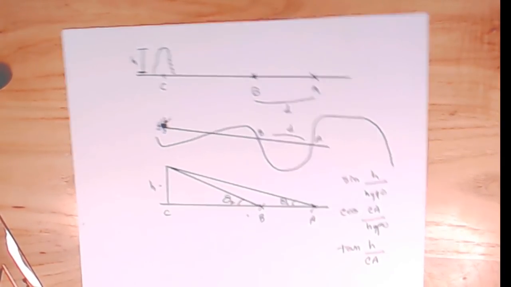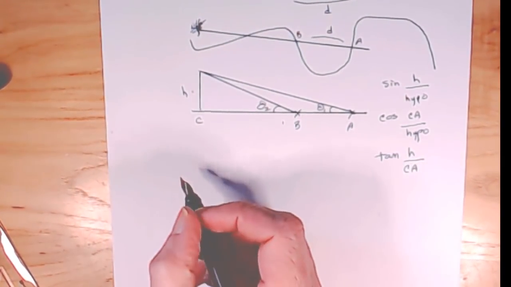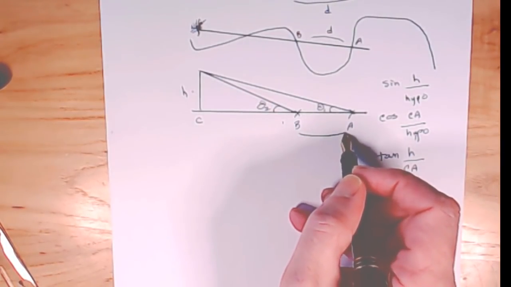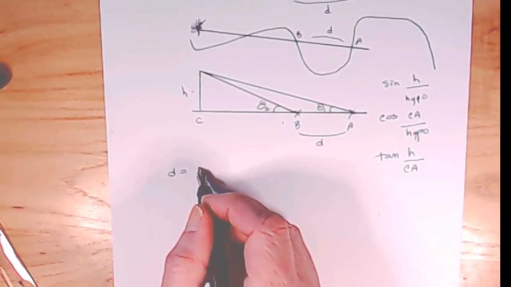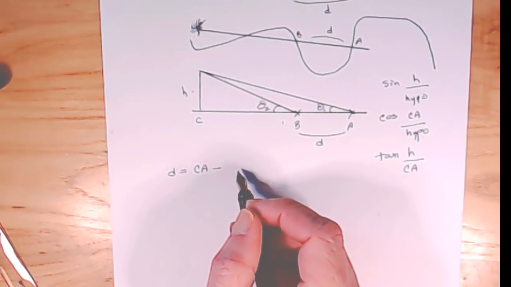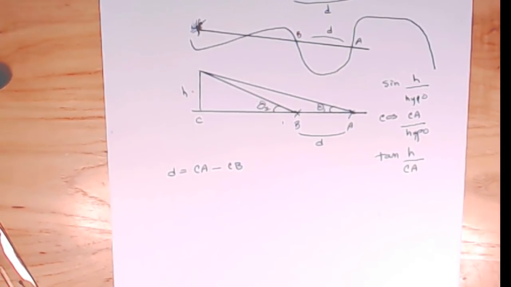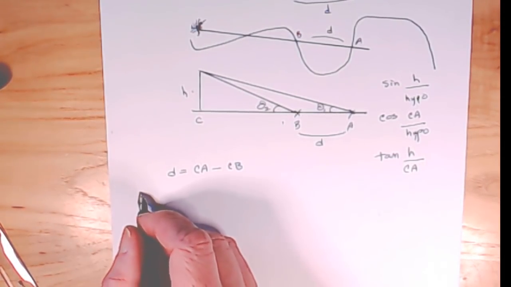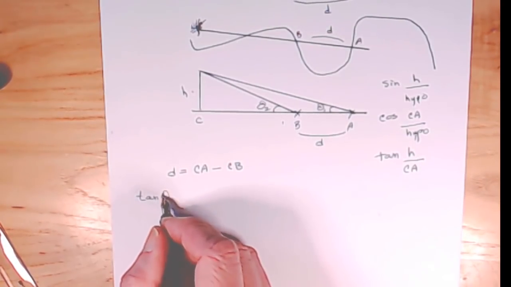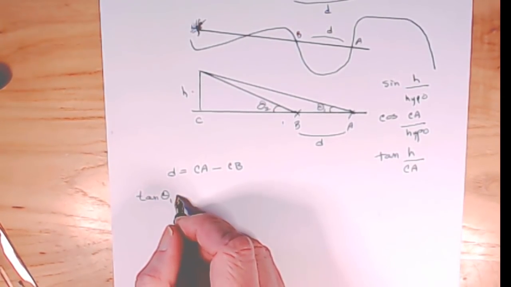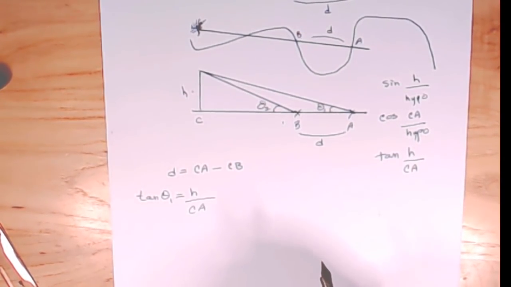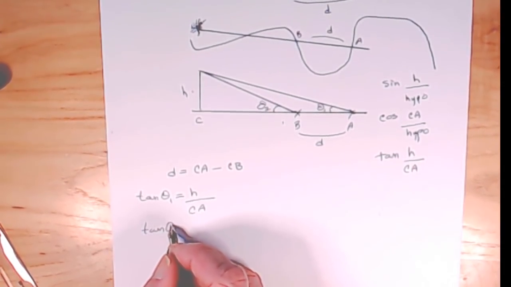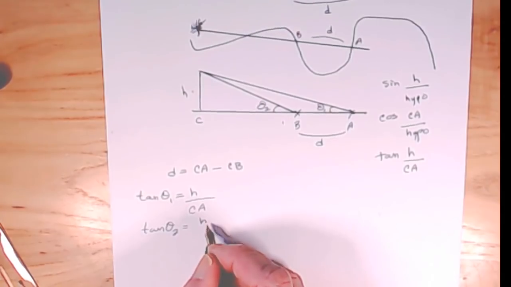First of all, remember, this is the distance between these two. So the distance d equals CA minus CB. That's pretty straightforward. But what do CA and CB equal? We do know that the tangent of angle 1 equals h over CA, and the tangent of angle 2 equals h over CB.